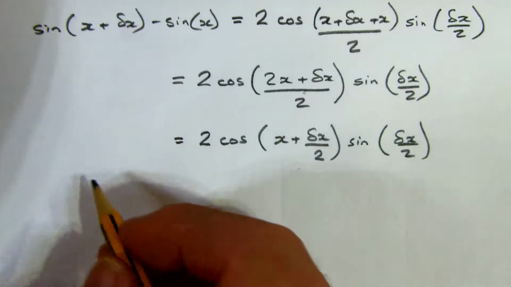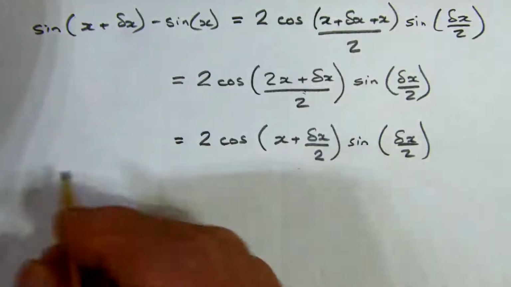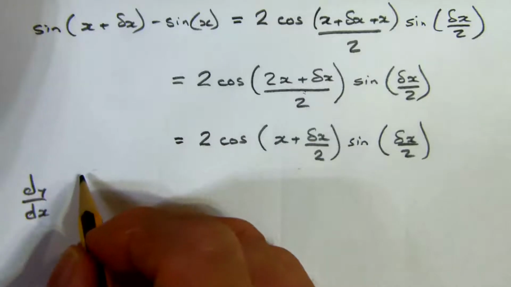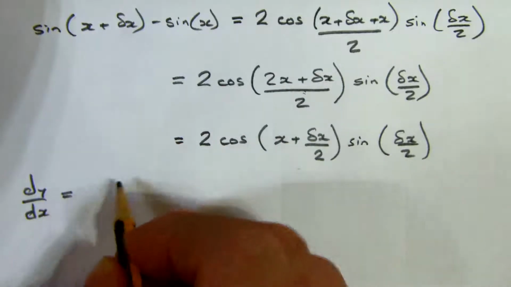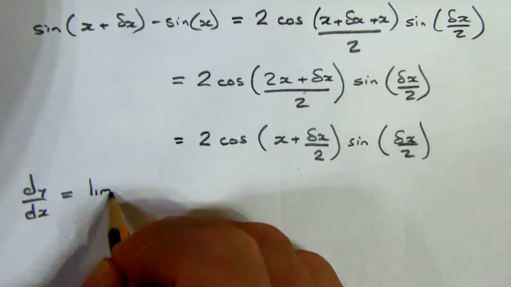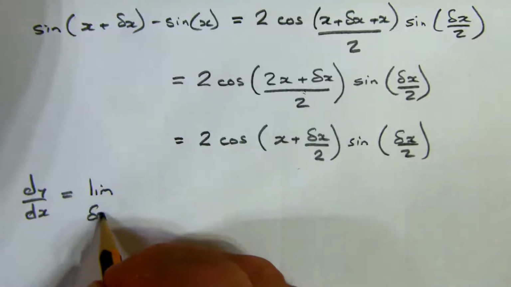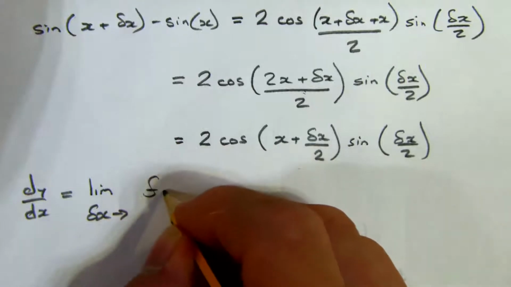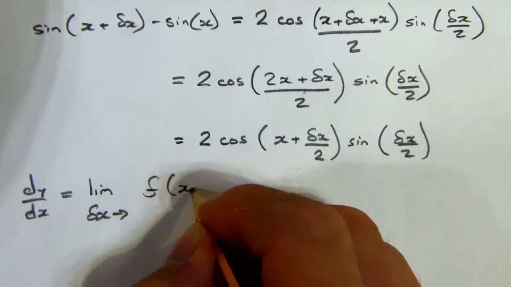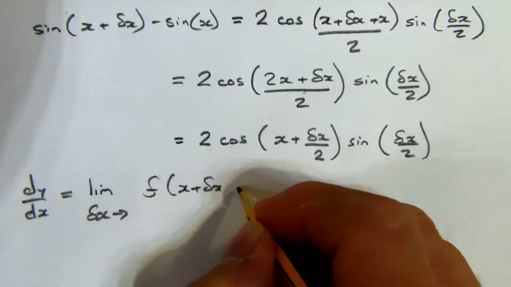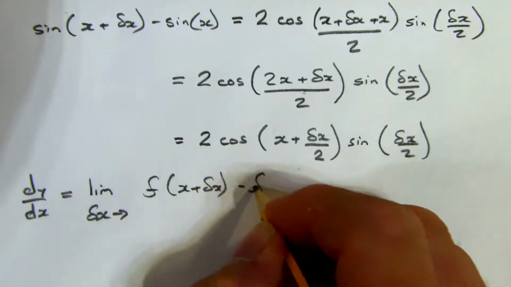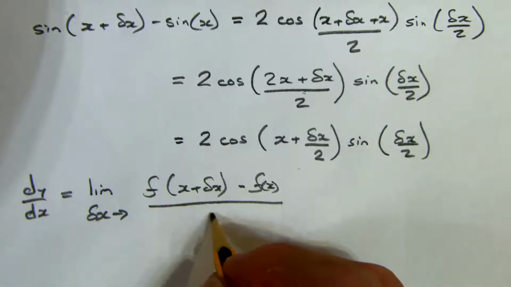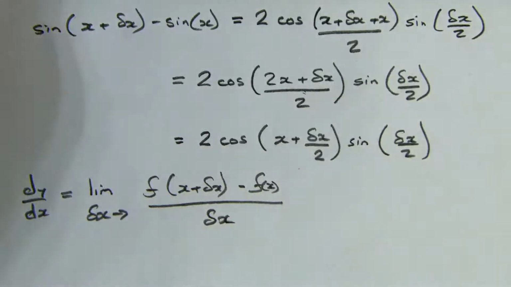Our differential dy by dx, as we approach the limit of delta x approaching 0, we know that our function is going to be f of x plus delta x minus the function of x, all divided by delta x.